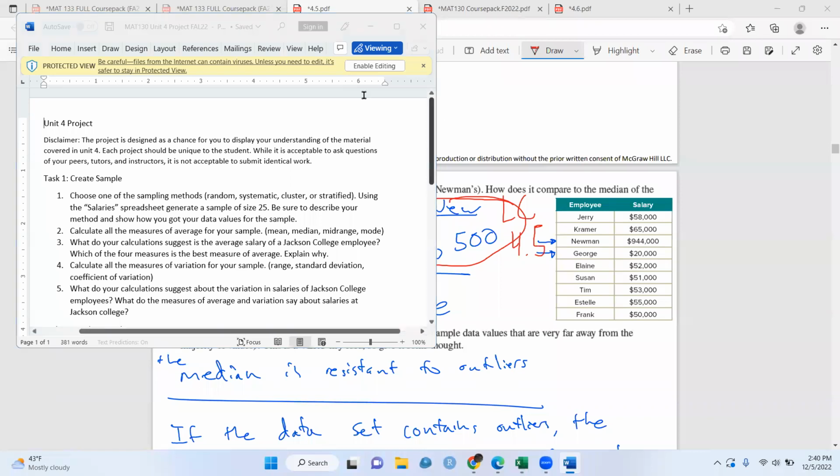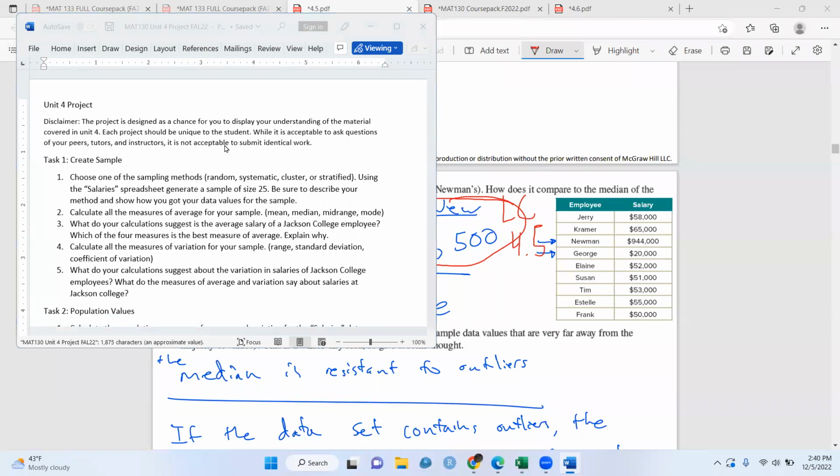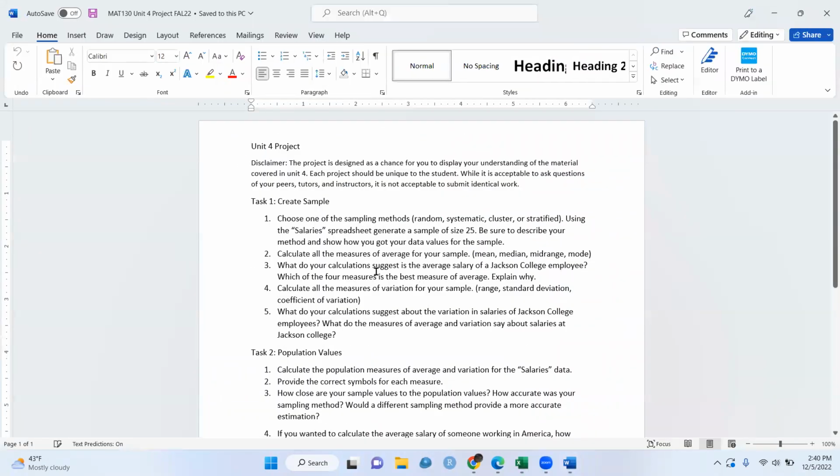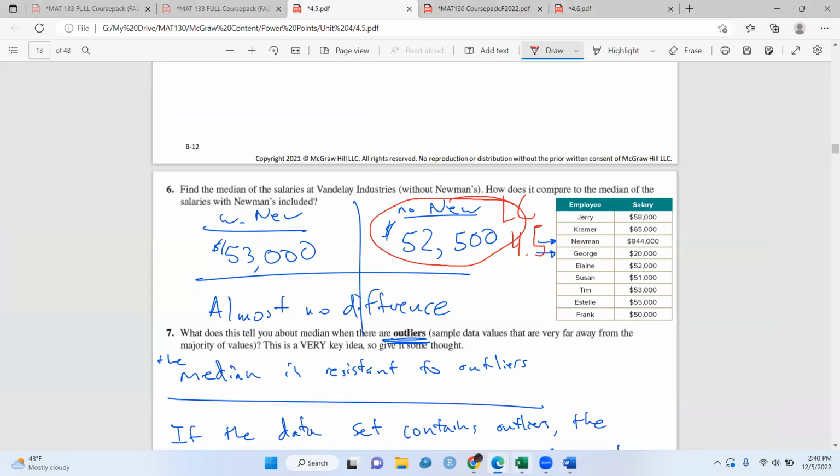You are most welcome. So we talked about how to generate the sample. So that should be done. And now we're going to calculate the measures of average and the measures of variation, and then you're going to tell me which one is which based on your sample, and then you're going to do it for a population.